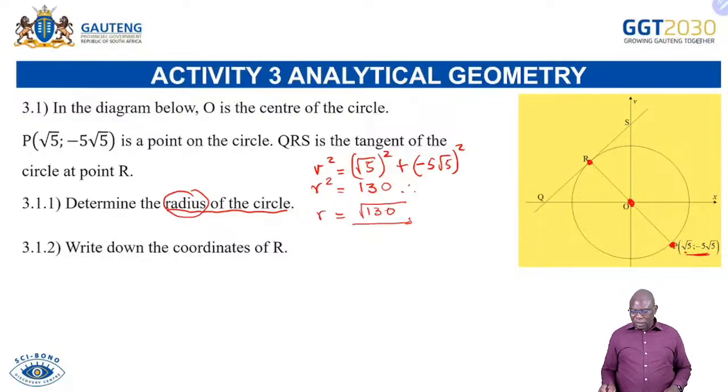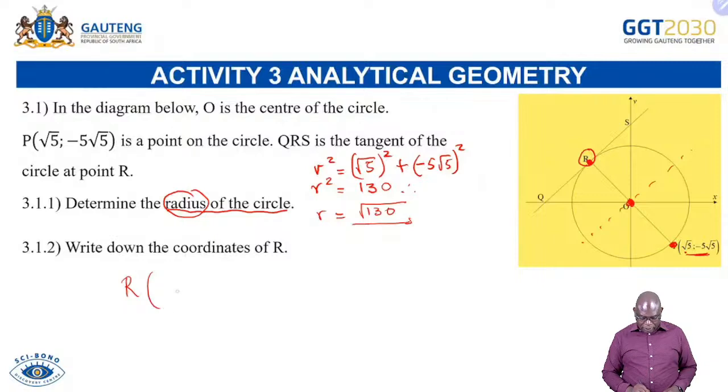In the next one, it says you must get the coordinates of R. Let me see, R is here. I can see it's a symmetry. That point here and that point here are the same. The only difference is the position. So the coordinates of R will have the same values, square root of 5 and 5 root 5.